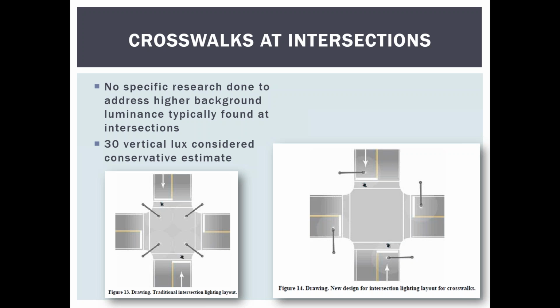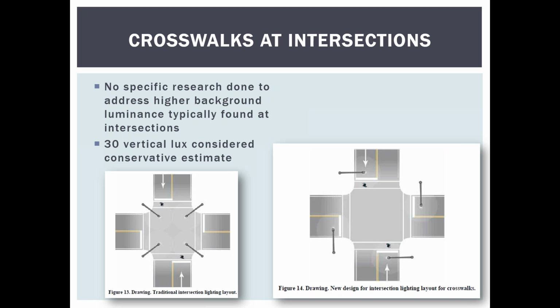The ANSI and IESNA RP-8 recommends that lighting at intersections of roads with continuous roadway lighting should equal the sum of the light levels for each separate road. This results in a higher background luminance for a crosswalk on the approach side of the intersection, the crosswalk closest to the driver as they enter the intersection, than the background luminance for the other crosswalks in the intersection.